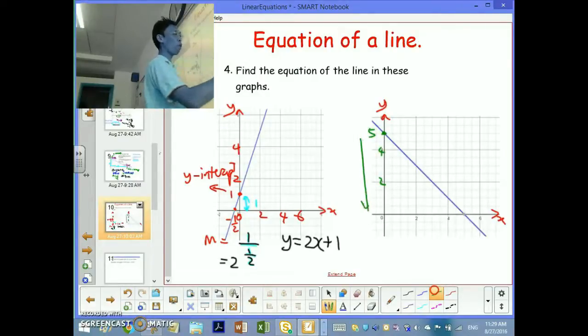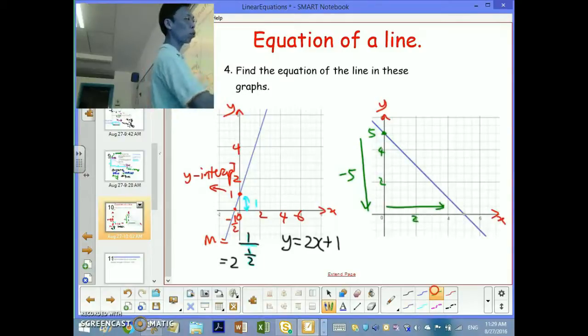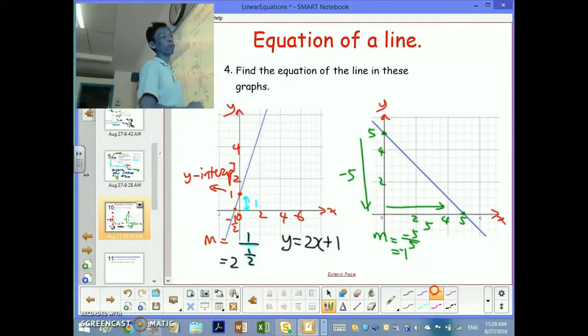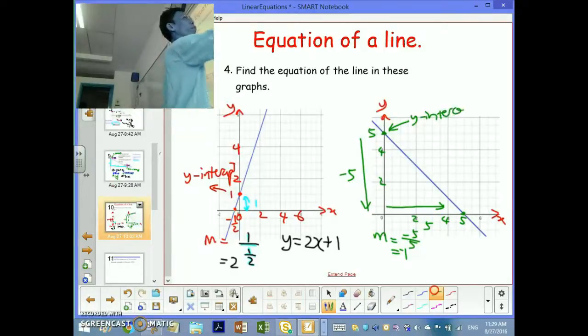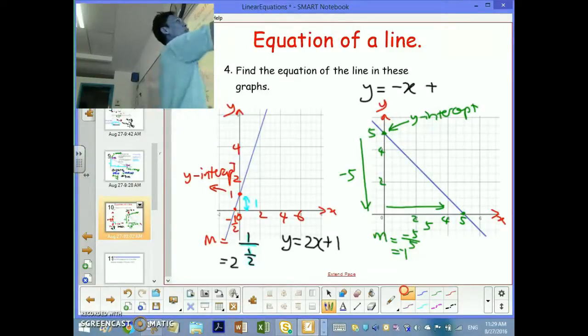So we have a drop of 5 units, and the run is also 5 units. Therefore, m in this case is negative 5 over 5, which is negative 1. So the gradient is negative, and the y-intercept is 5. The equation here is y equal to negative 1x, or negative x, plus 5.